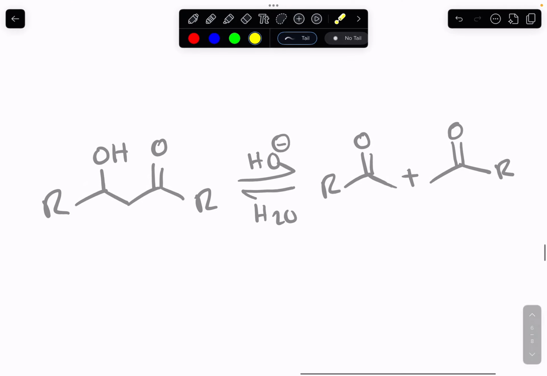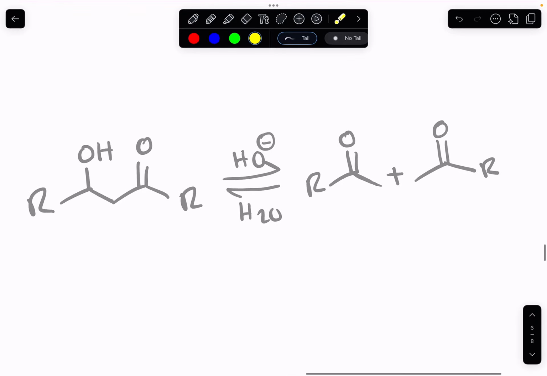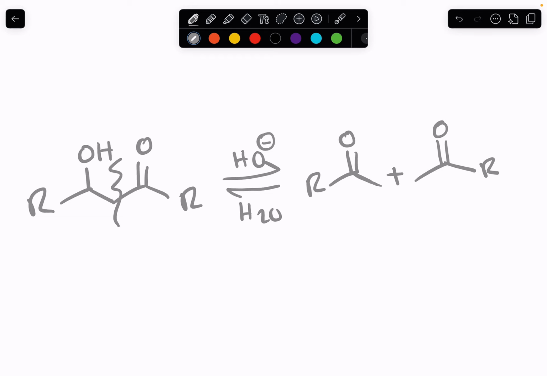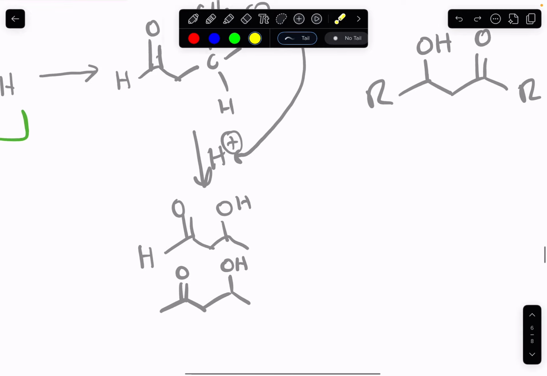You can split it in half or you can reform it. This is with a ketone right now. It's reversible depending on what you use. And again, this is what I would call a ketol, not an aldol.